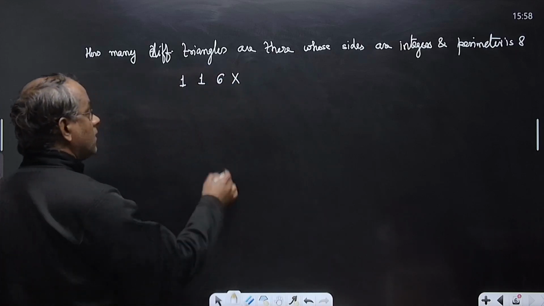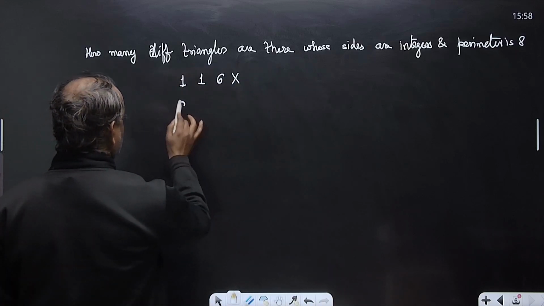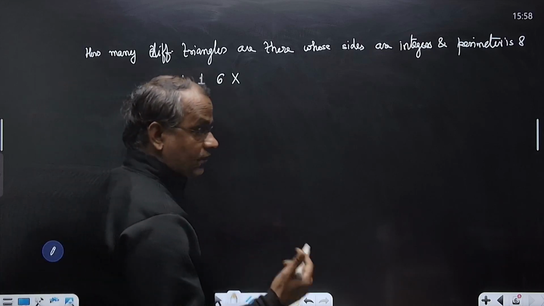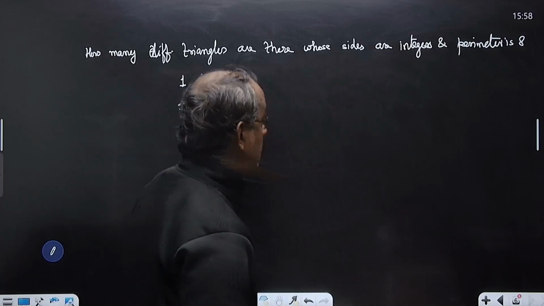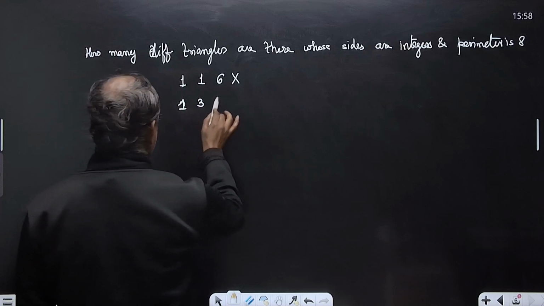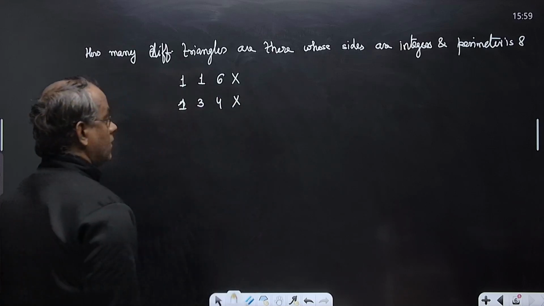Similarly, if I say 1, 3, the remaining is 4, so 1, 3, 4. This is also not forming a triangle.